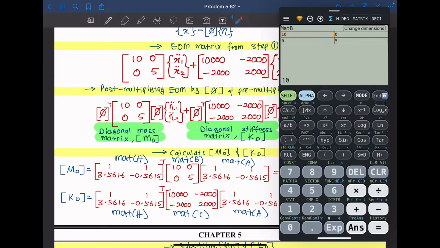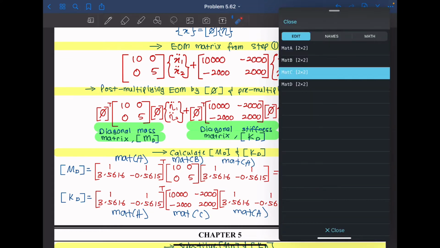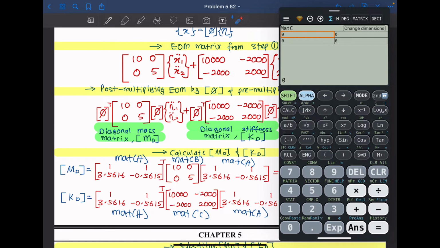Then again you press clear, press shift, press 4, and edit the third matrix, which is your matrix C. Your matrix C is your stiffness matrix, so 10,000, negative 2,000, negative 2,000, and 2,000. Then you press clear.